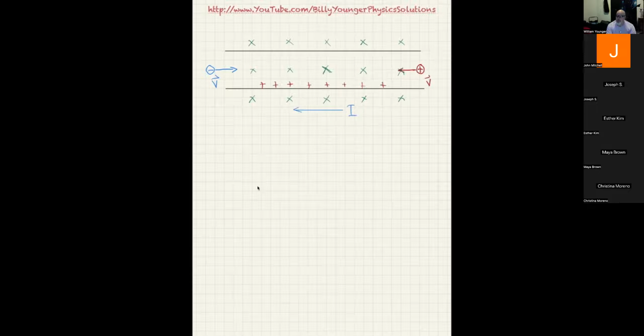Now we're going to do the negative one. The negative charge means that QV, even though V points to the right, QV points to the left. So QV again is to the left. I push my index finger to the left, and I turn my hand so that my middle finger, which is B, points towards my computer screen.